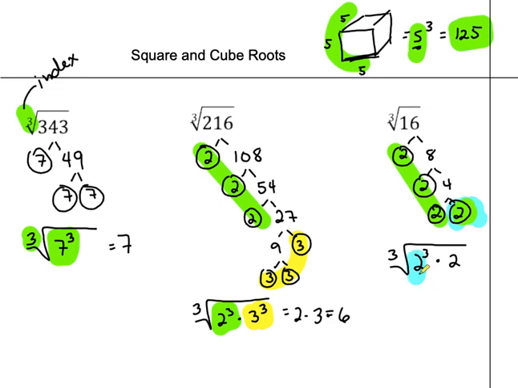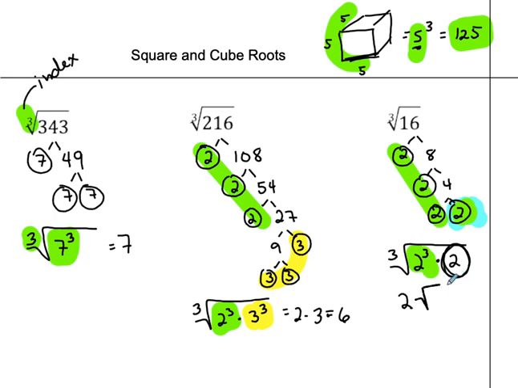So if I think about what's the root for this 2 to the third power? Well, the cube root of 2 to the third power is its base, or 2. But what about this factor? There's no extra 2's. I can't make a group of 3 factors of 2 here.